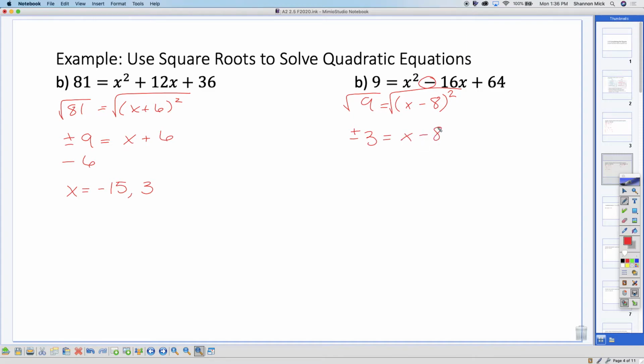Alright, and then so it's going to be negative 11. Add 8, right? Yes, you add 8. So it would be positive 11 and then the other one's a 5.